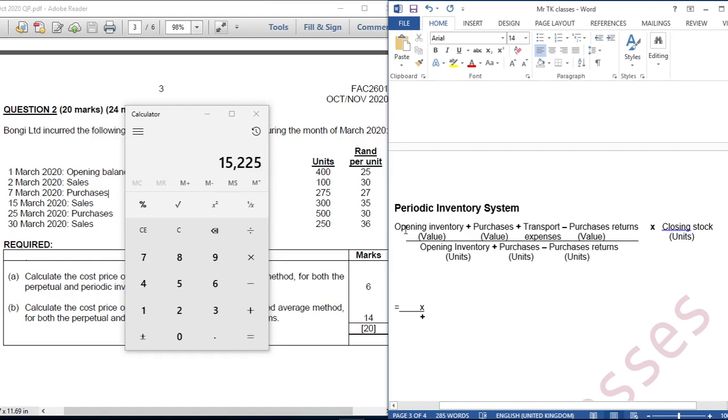So this numerator we have, okay, so what we are doing here, this part, we are calculating average cost price. When you calculate average cost price, we are just multiplying by our closing stock. So in our process of calculating average cost price, we are saying all the inventory that we ever had in our business since it started, we take its value and we put it as a numerator.